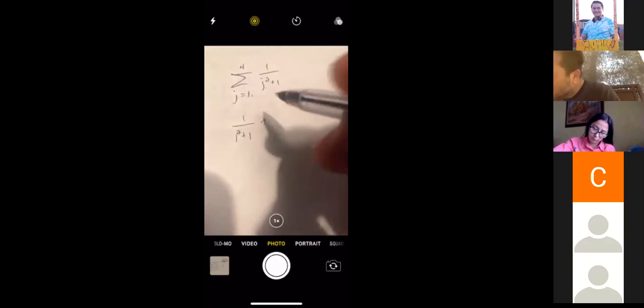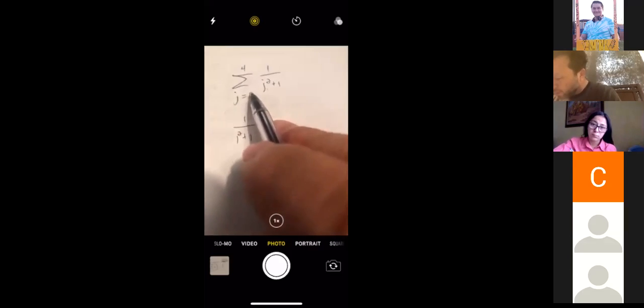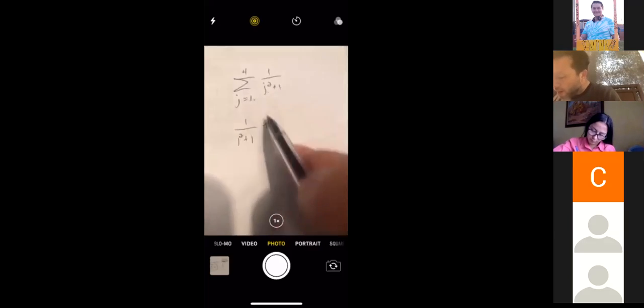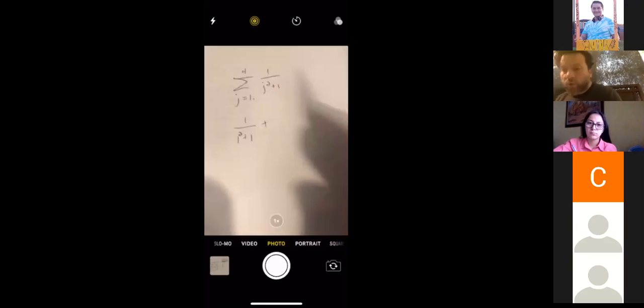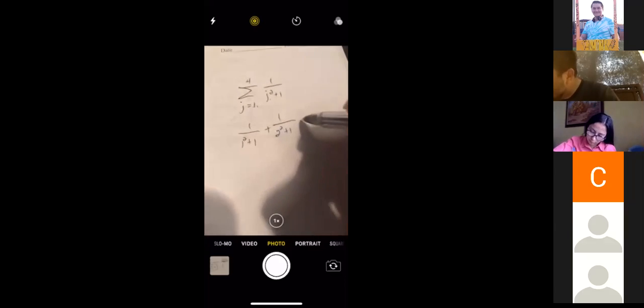But then what do I do in the middle? Plus, because it's going from 1 to 4. I'm not going from 1 to 1, and that's it. I'm going from 1 to 4. But I don't go 1 and then jump all the way to 4. So what's after 1? 2. So I go 1 over, and then replace j with 2 squared. And then replace j with 3.